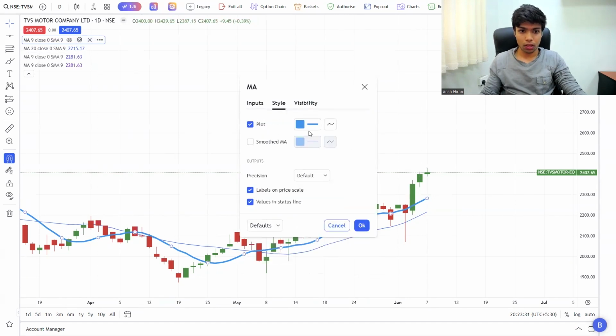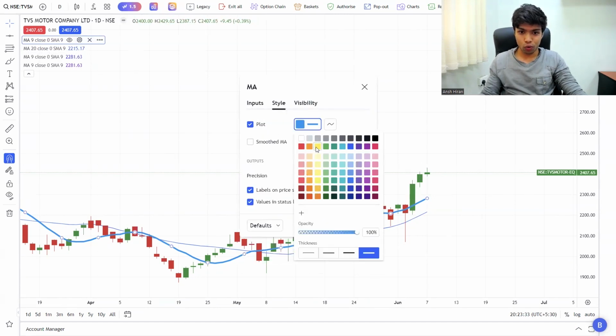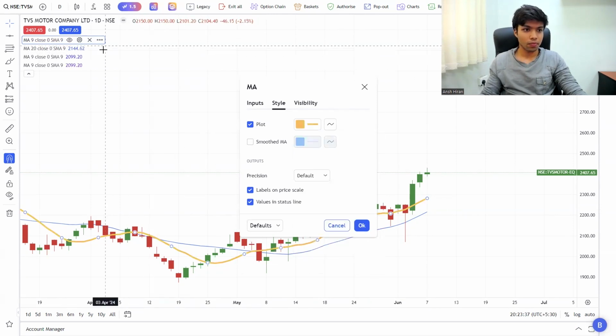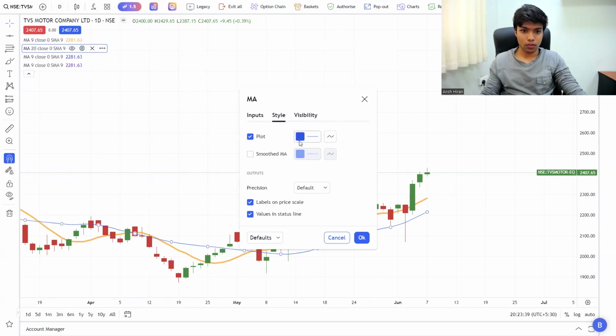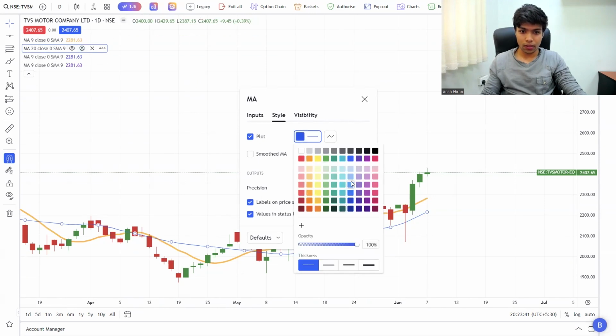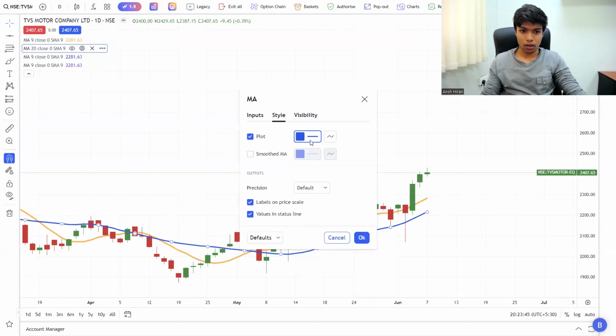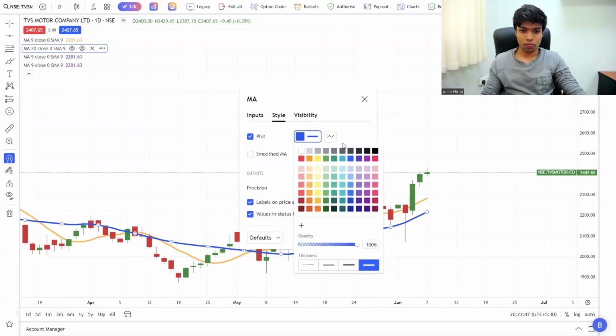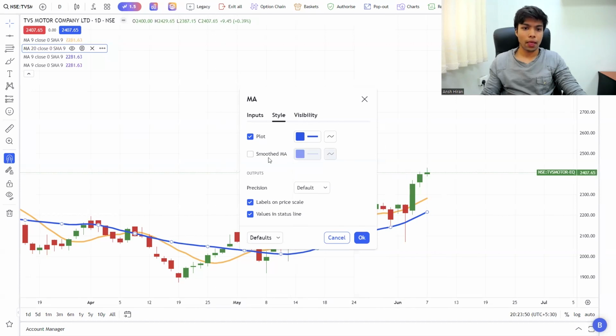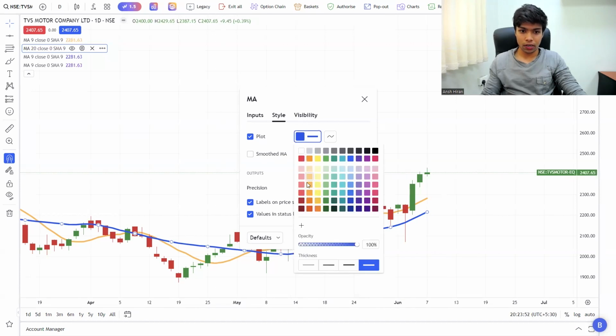Just wait. I'll do some stuff and then I'll show you what I actually did. I'm just adjusting the settings, that's all. Okay, let's keep it green.